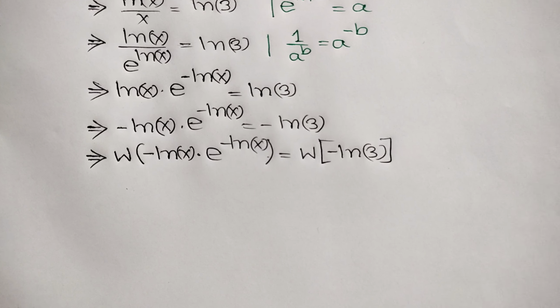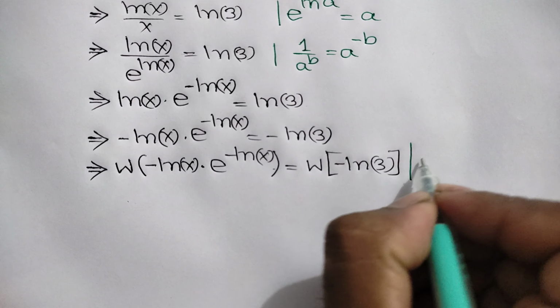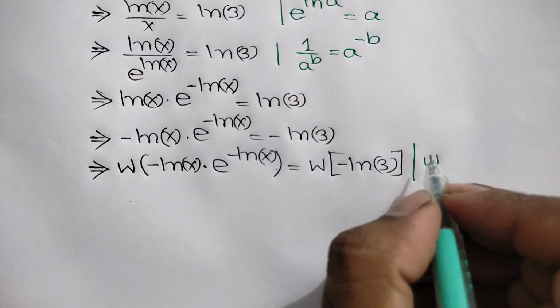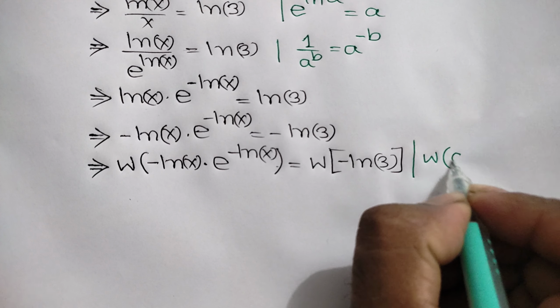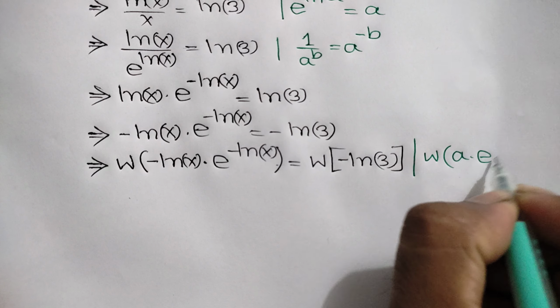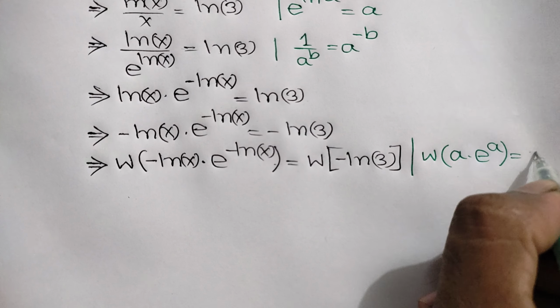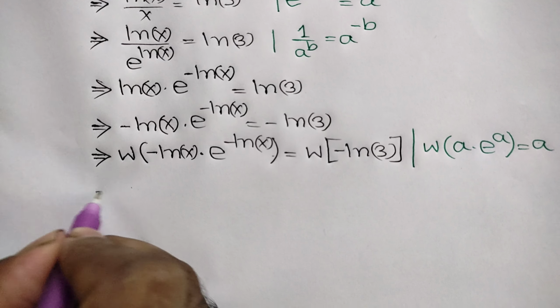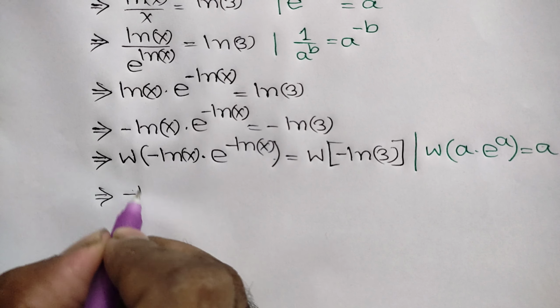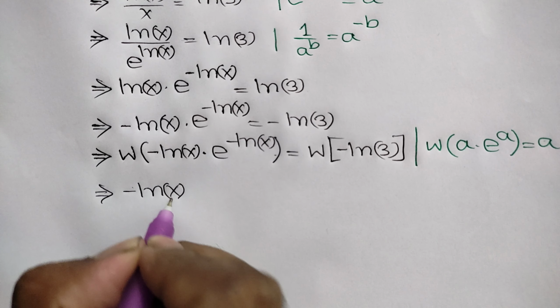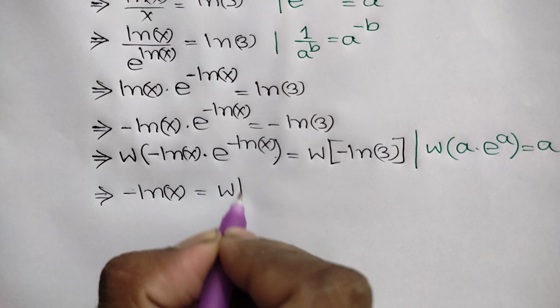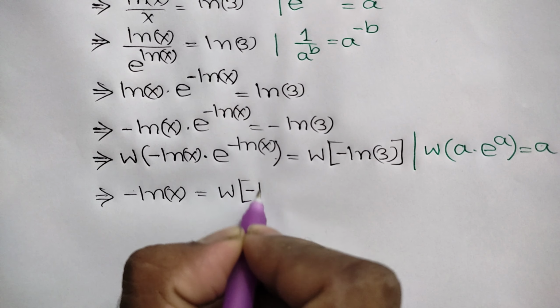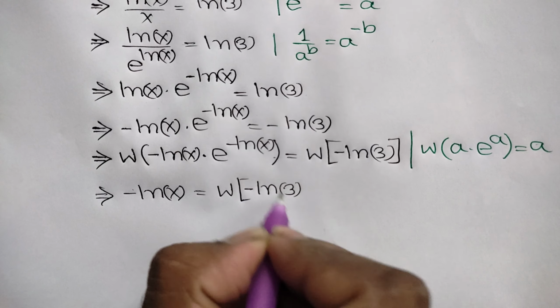Now we know the Lambert W function: W of a times e to the power a is equal to a. So here we will get negative ln of x is equal to W of negative ln of 3.